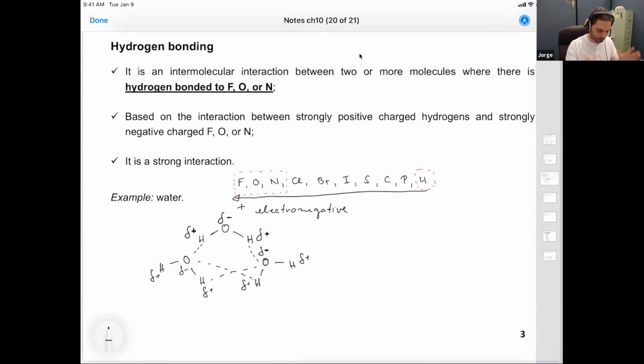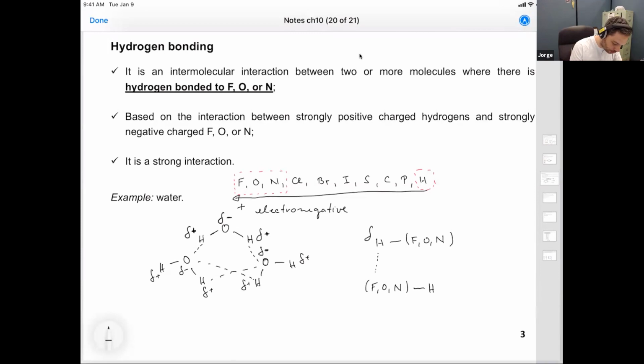And remember, the first criterion: we have to have a hydrogen bonded to fluorine, oxygen, or nitrogen to create this very strong polarization. And this hydrogen will interact with fluorine, oxygen, and nitrogen bonded to hydrogen.